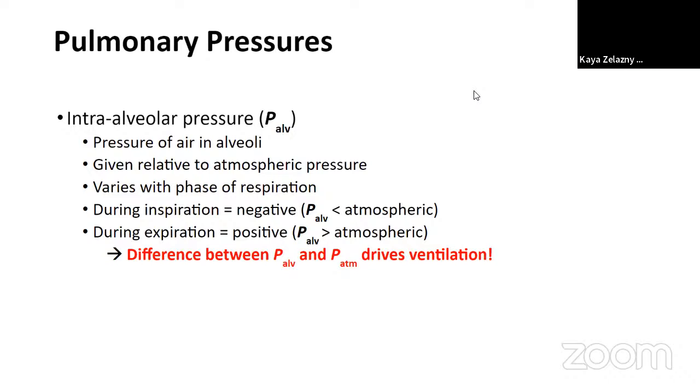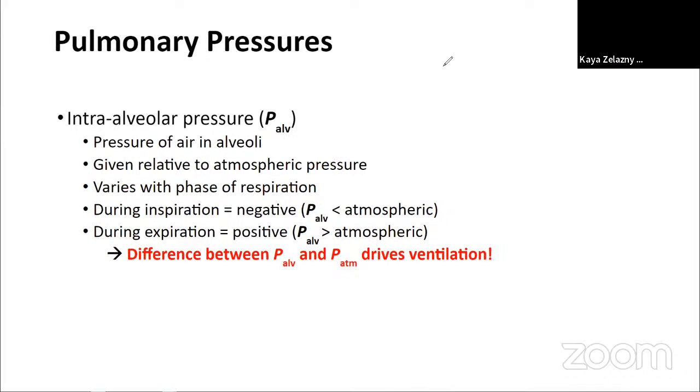So our intraalveolar pressure, what we think of as the pressure in the lung. I'm going to draw our alveoli again. So we've talked about our bronchioles, eventually our respiratory bronchioles have these alveoli on them, these grape-like clusters. They're covered with capillaries.